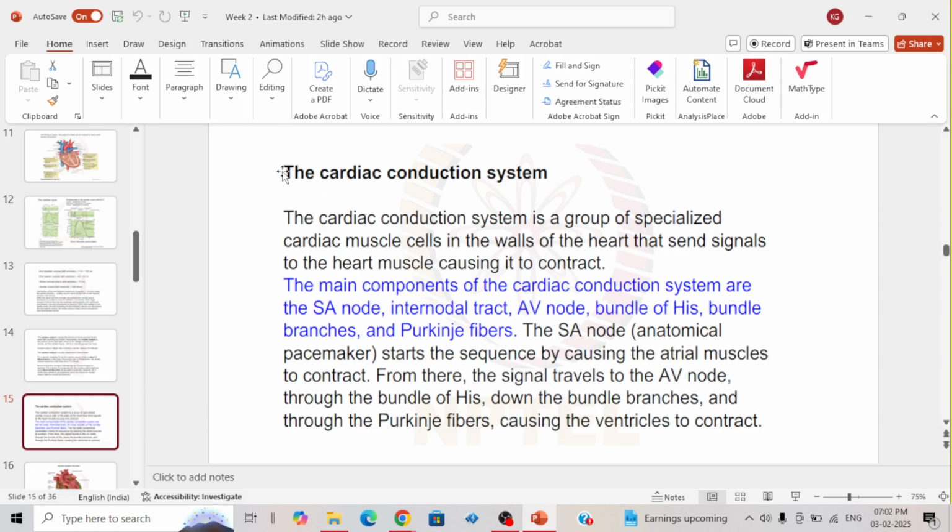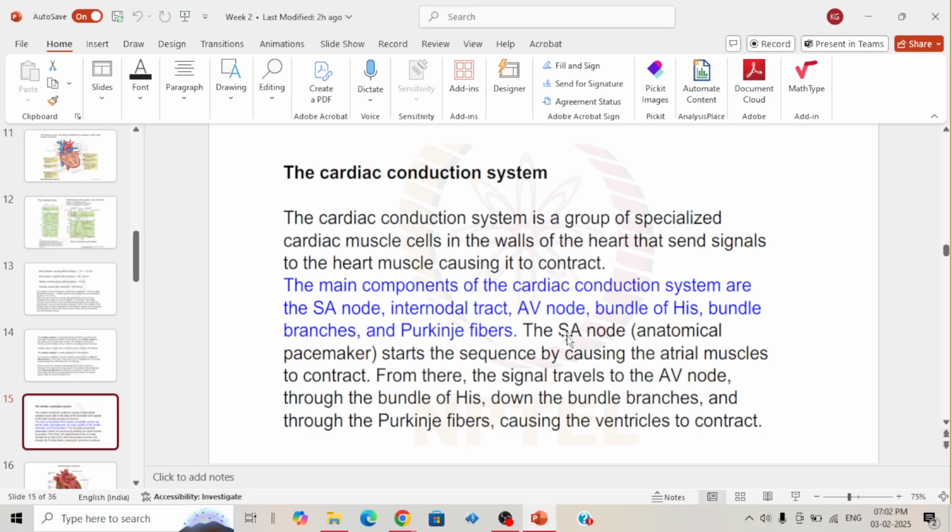As I told you earlier, these cardiac myocytes are involuntary, so there must be an automatic system sending the signal, and this is the cardiac conduction system. Its main components are the SA node, the internodal tract, the AV node, bundle of His, bundle branches, and Purkinje fibers.